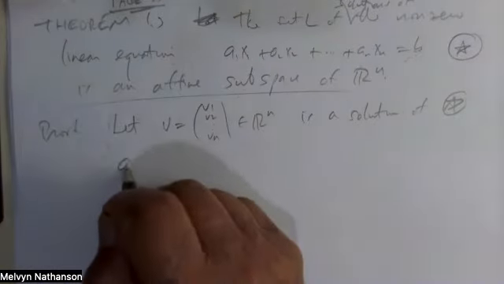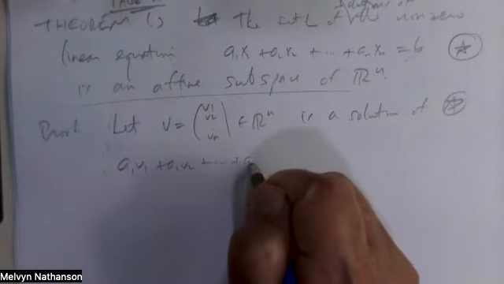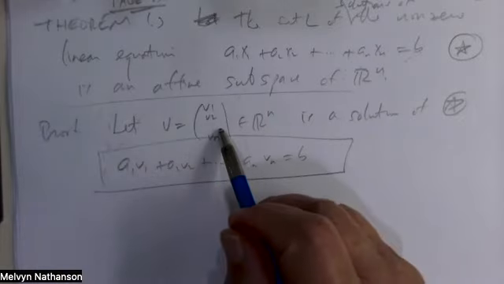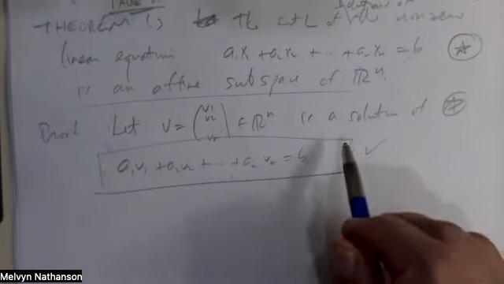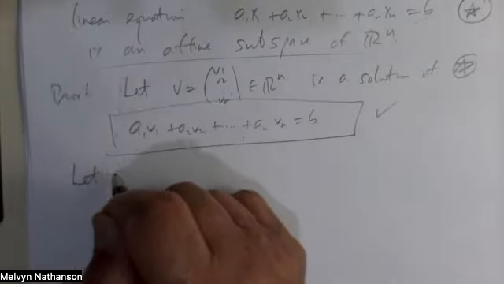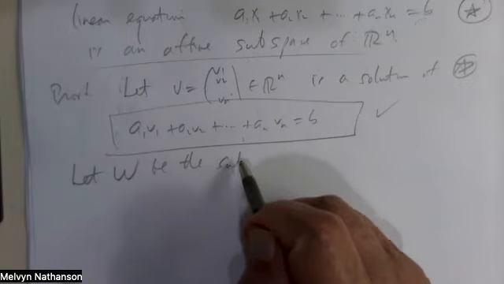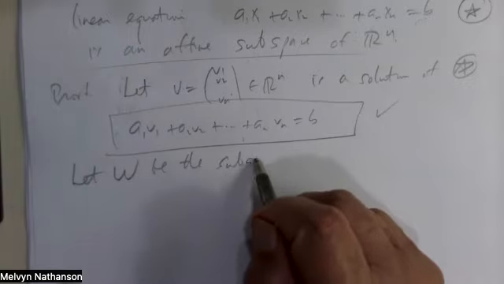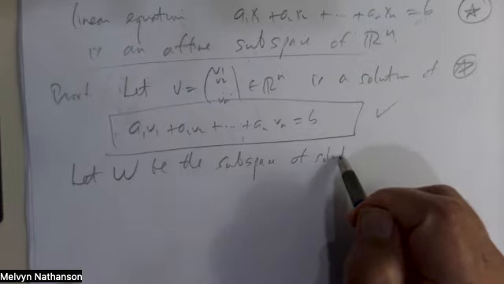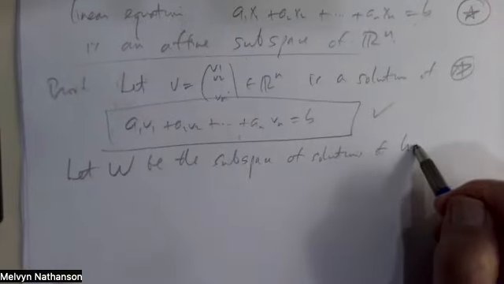So this means that a1v1 plus a2v2 plus ... plus anvn equals b. When you plug these numbers into the equation, you get a solution. Let W be the subspace of solutions of the homogeneous equation.